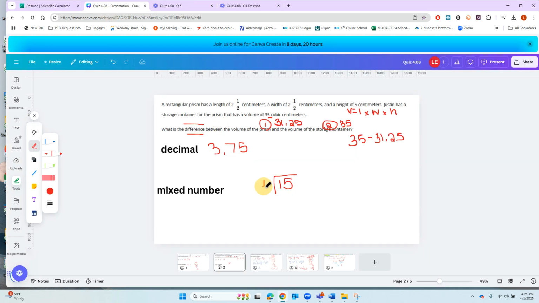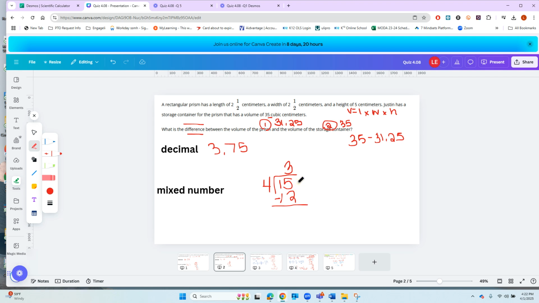So 15 divided by 4. 4 can't go into 1, but I do know that it can go into 15 exactly 3 times without going over. 3 times 4 is 12.